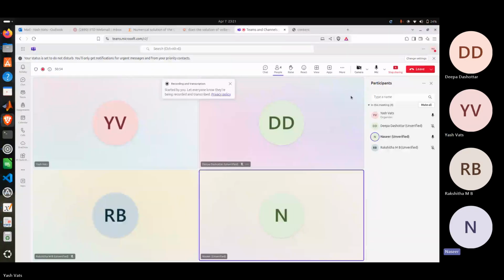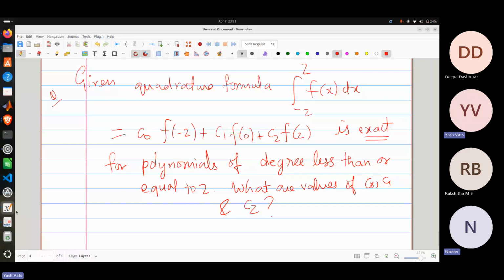Can you just go to the previous slide, what you just showed? Actually, even the professor went with the same, and even for the assignment, I have got the values of c0, c1, c2. That's not a problem.